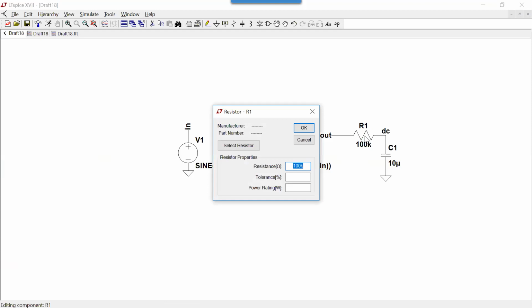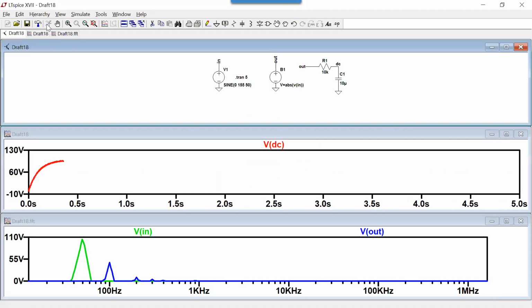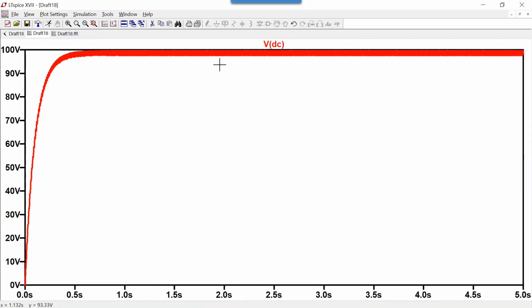All right. I want it to charge up to its value faster. Let's do that. So now our time constant is 1/10 of a second. Okay. Certainly charged faster, but this kind of looks noisy. Let's see what's going on.